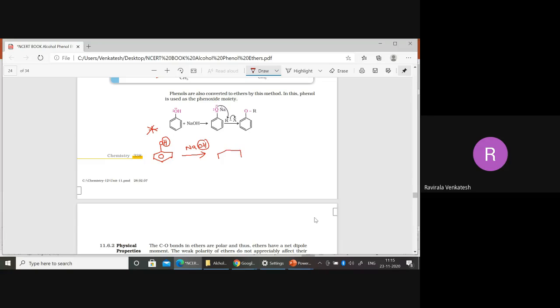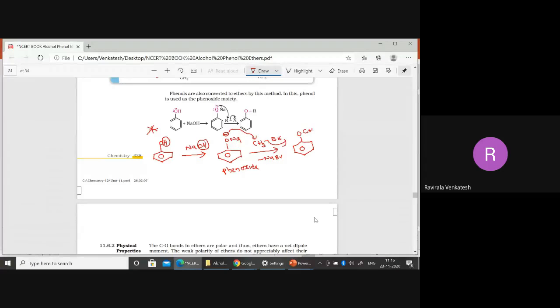Now we are going to get ONa. Now this is the phenoxide. Just like alkoxide, phenoxide also undergoes reaction. Now I have taken some alkyl halide, I am taking CH3Br. Now what happened here? O minus attacks the carbon. Br will be removed and NaBr is removed here.